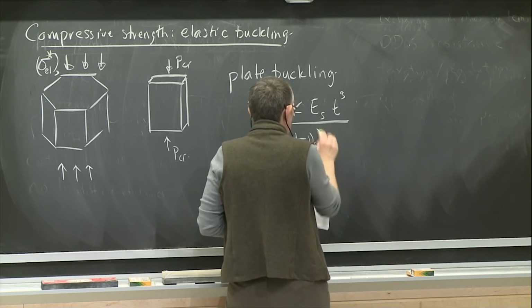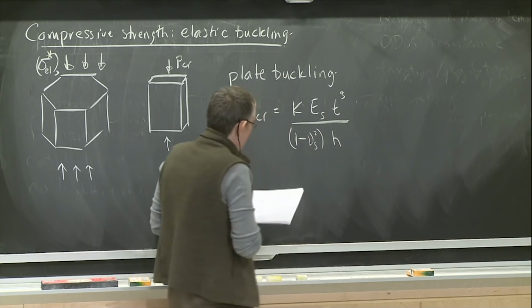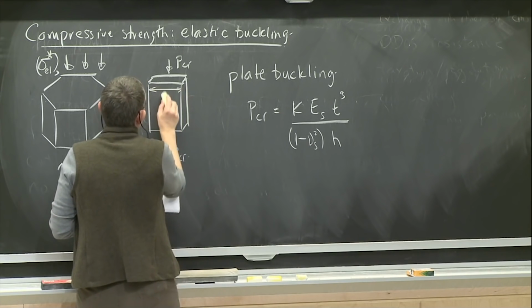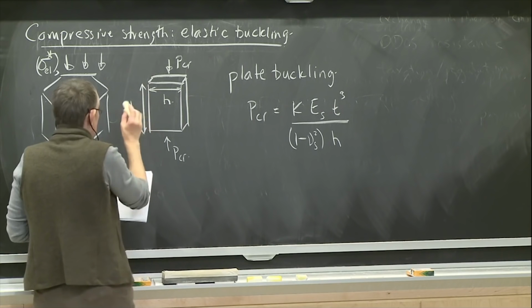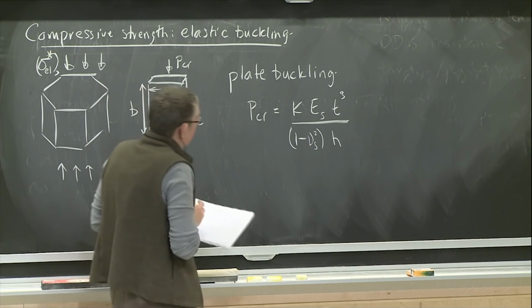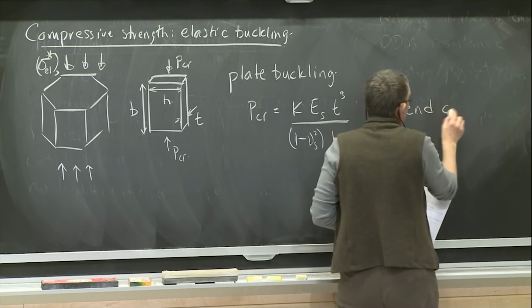And there's a factor of 1 minus nu of the solid squared and the length of the plate. So say this plate here, it's actually the width of the plate there is H, and the length here is B, and this thickness here is T, like that.